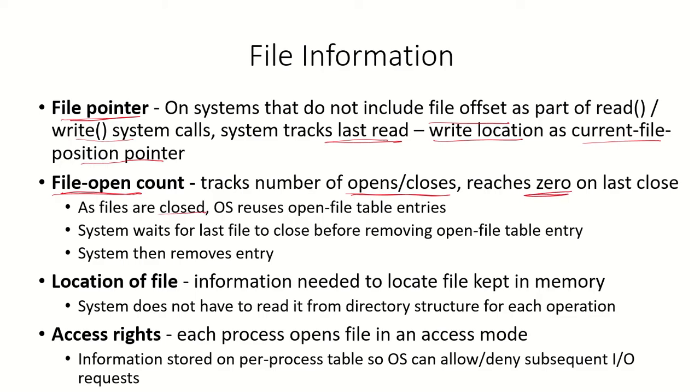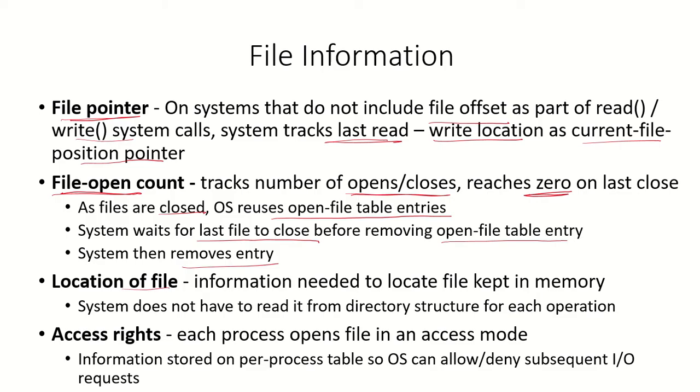As the files are closed, the OS can reuse the open file table entries. So the system will wait for the last file to close before removing the open file table entry, and when this file is not being used by any process, it will remove the entry of that file.